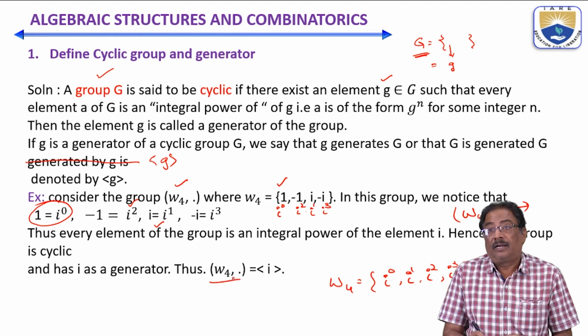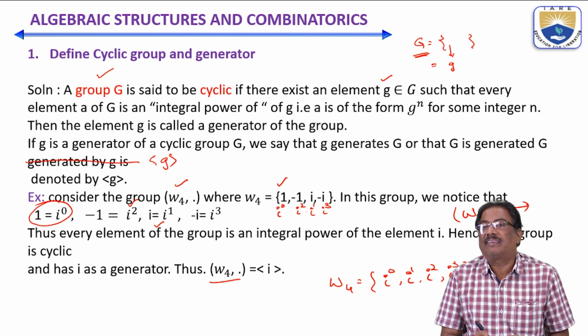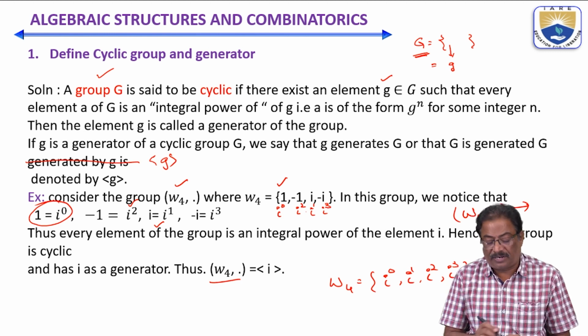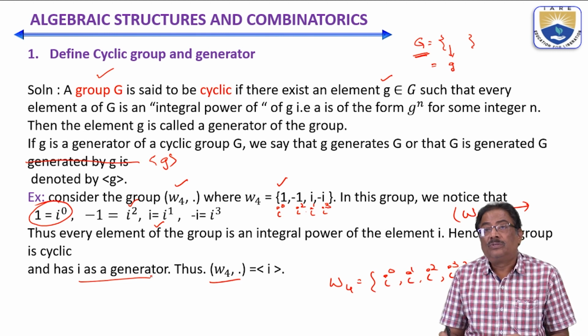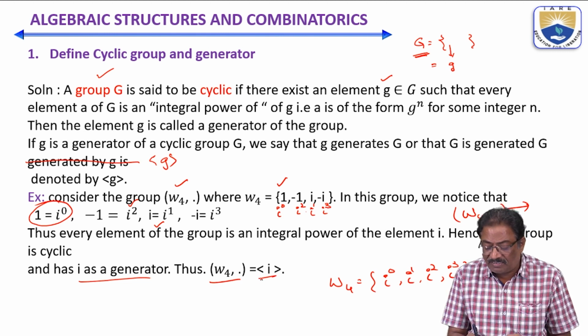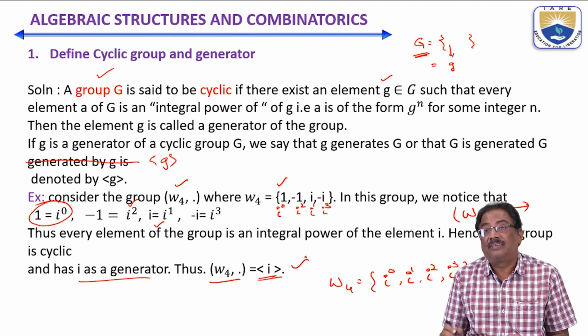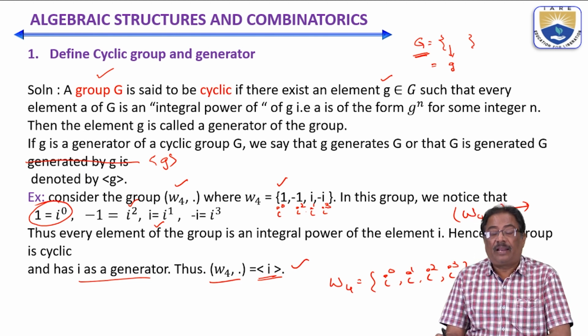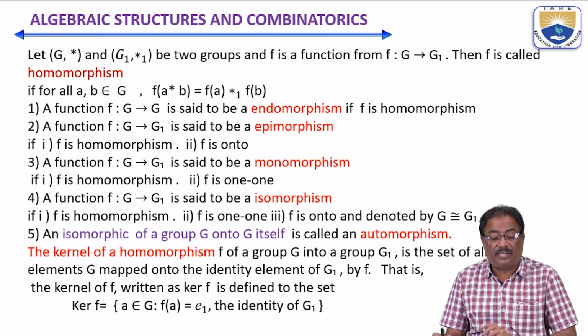So we can say that W4 under multiplication is a cyclic group. And what is the generator here? i is the generator, and we represent this cyclic group like this. So this is the definition of a cyclic group and of course the generator.